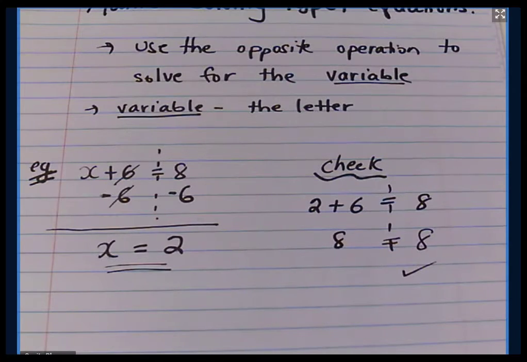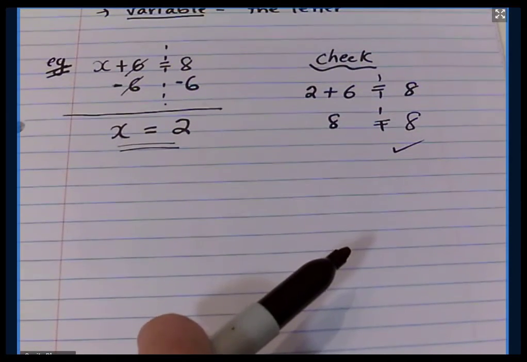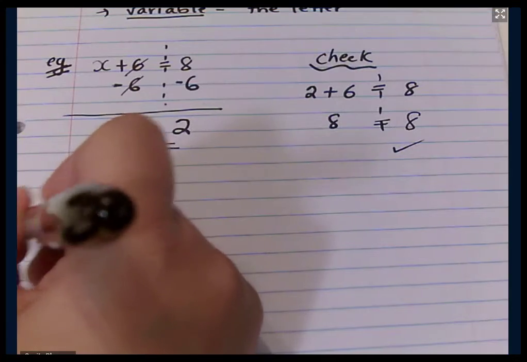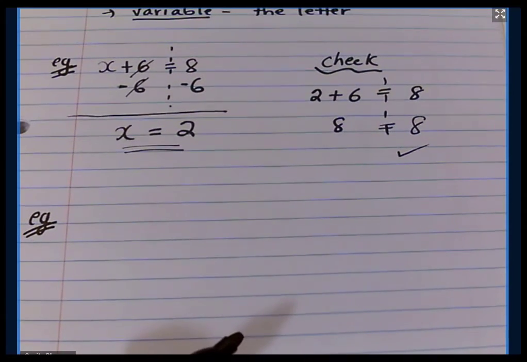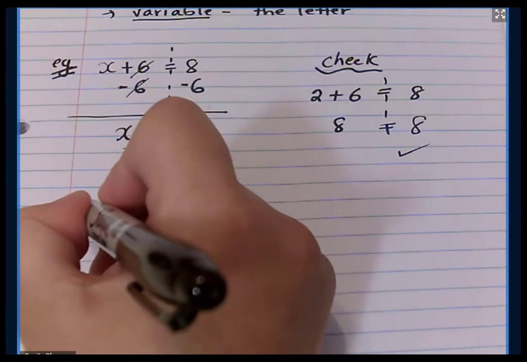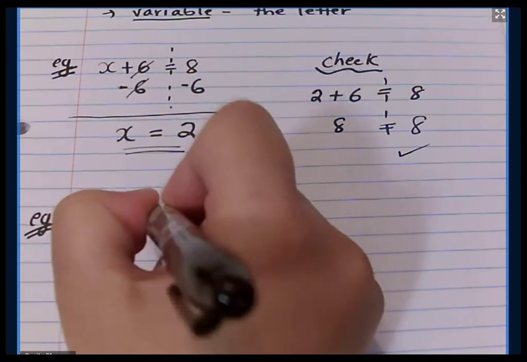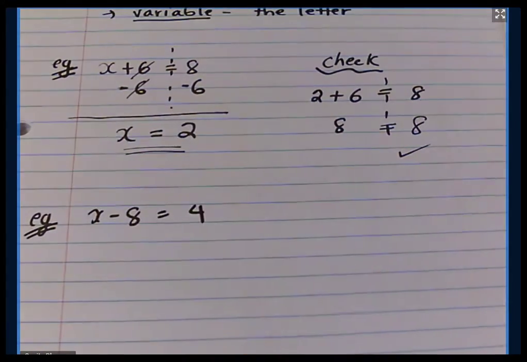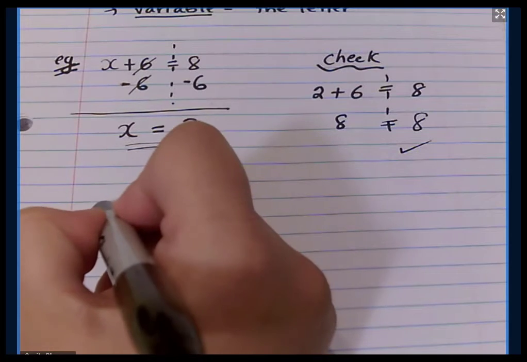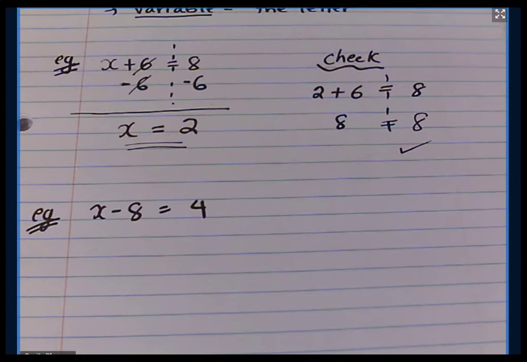Let's try the next one, a type 1 subtraction. And it is important that we are following these steps, because as these problems become more complex, it is very important that we are showing our steps when solving for the variable.